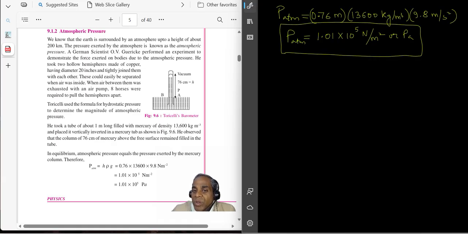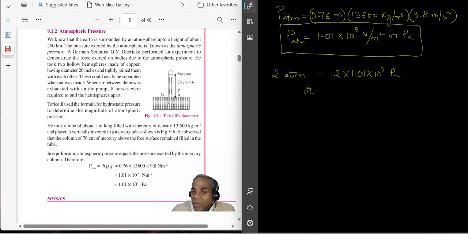Okay, so it can be used as a conversion unit. Whenever you want to convert pressure from SI units of Newton per meter square or Pascal into atmospheric units, then we need to use this multiplying factor. Okay, let us say if somebody says at a certain point the pressure is 2 atmospheres, that means it is equal to 2 into 1.01 into 10 raised to 5 pascals.